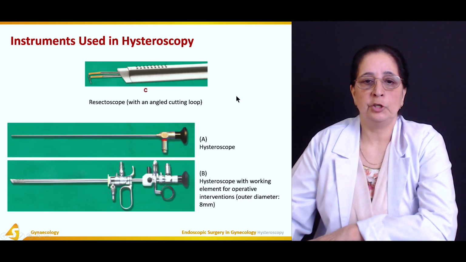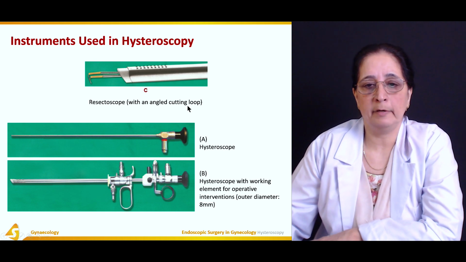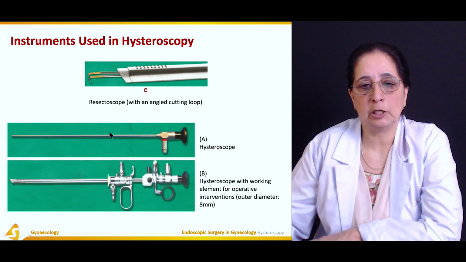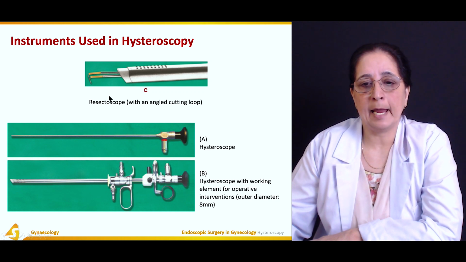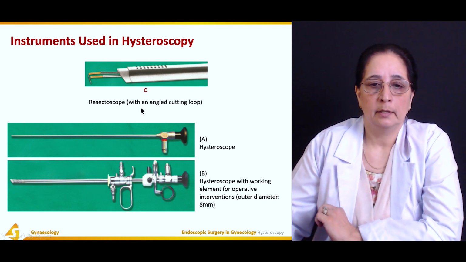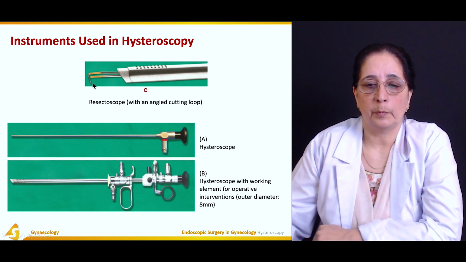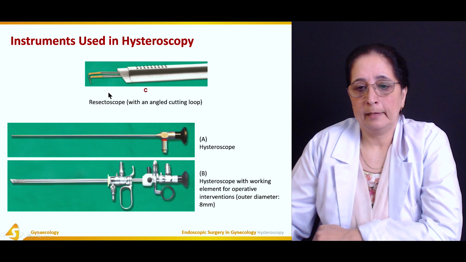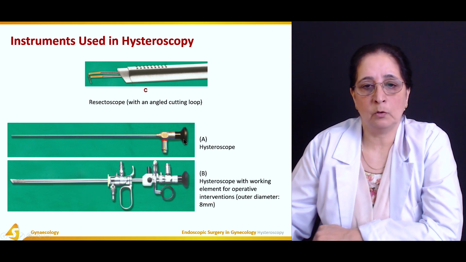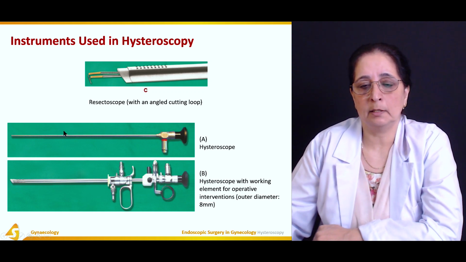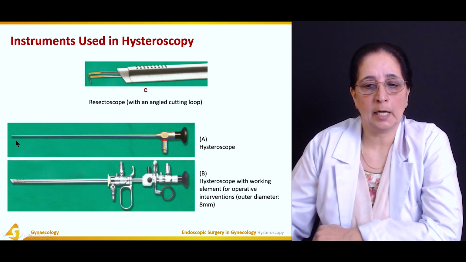Among the instruments used in hysteroscopy, we have the resectoscope. This is a resectoscope with an angled cutting loop. Here is the resectoscope, and then this is the hysteroscope inserted to visualize the inside of the uterus.